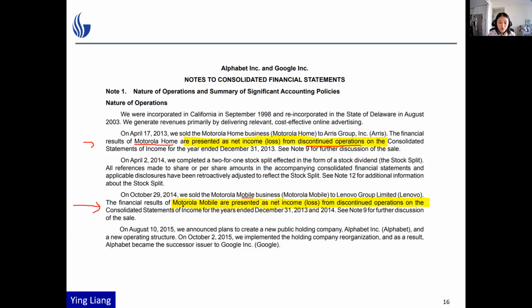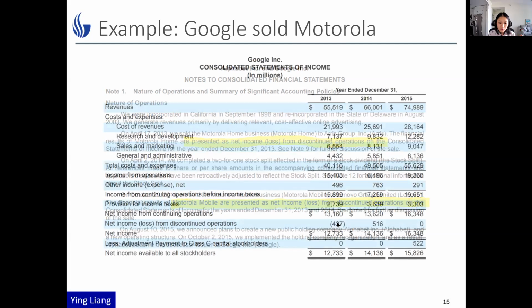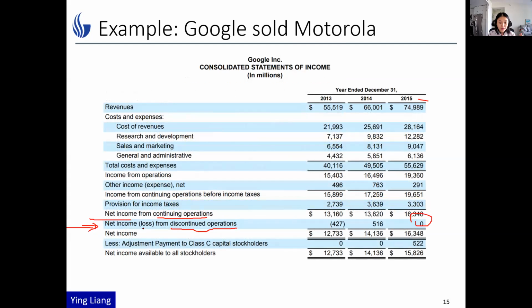The financial results of Motorola Mobile are also presented as net income or loss from discontinued operations. So the negative 427 is from selling Motorola Home, while the positive 516 in 2014 is Motorola Mobile.